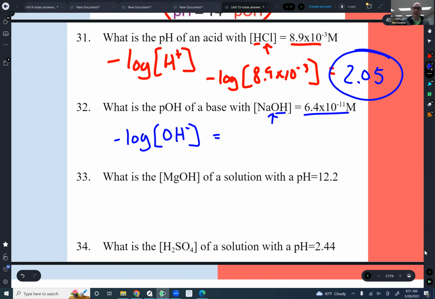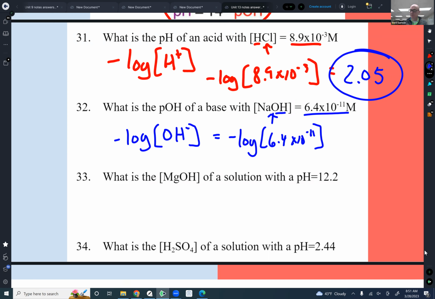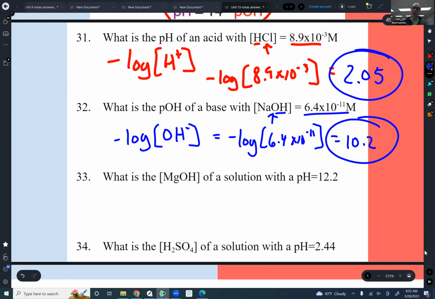So I can take the negative log of 6.4 times 10 to the negative 11, and what you get is 10.2. Now that's on the pOH scale, which means that it would be actually very low on the pH scale, because we do the opposite. We do 14 minus this to find out what its score is.